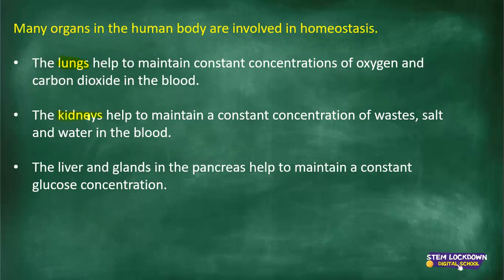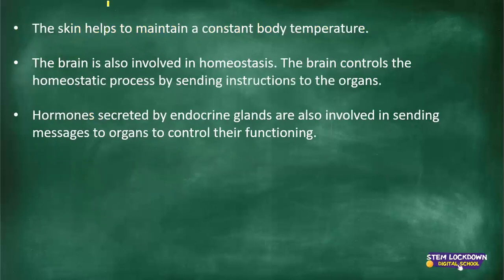Kidneys help maintain a constant concentration of waste, salt, and water in the blood, and are involved in the urinary system, or the excretory system. We have also the liver and glands in the pancreas, which help to maintain a constant glucose concentration. Then we have the skin, which helps to maintain a constant body temperature.